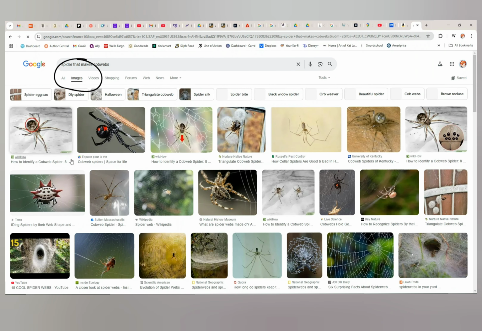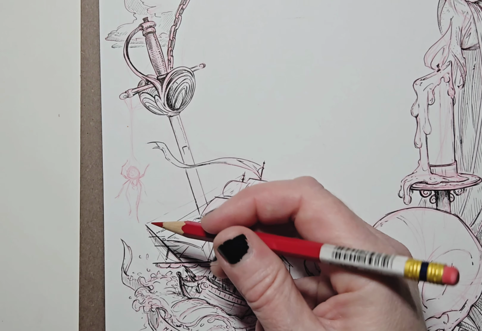So coming back to my little spooder here, we have the tangle of webs coming off the crossbar of the sword hilt. And looking at the references I picked, you will notice that the central legs of this little cobweb spider are shorter than the outer legs.